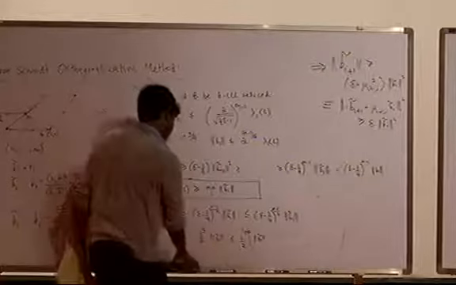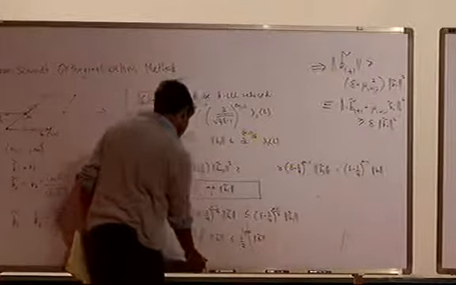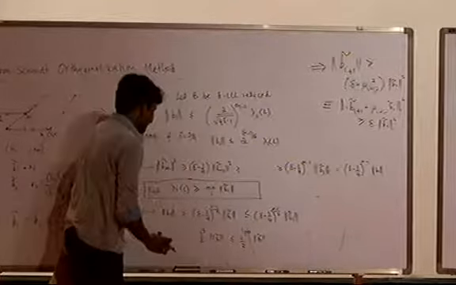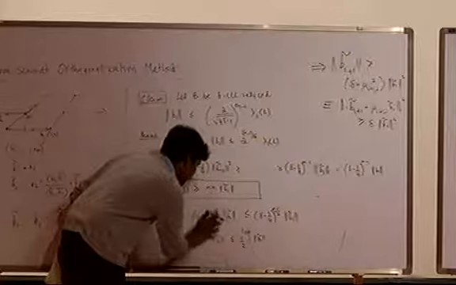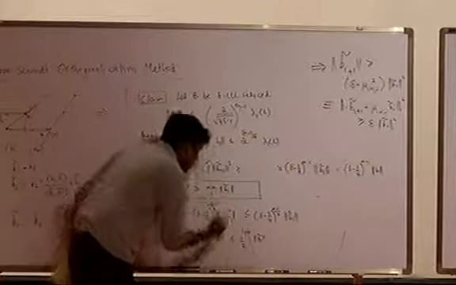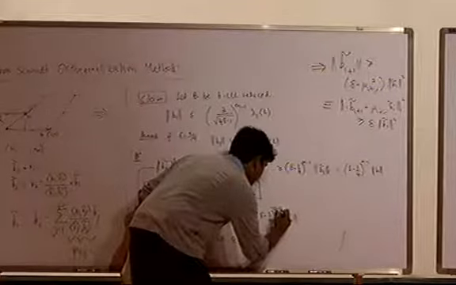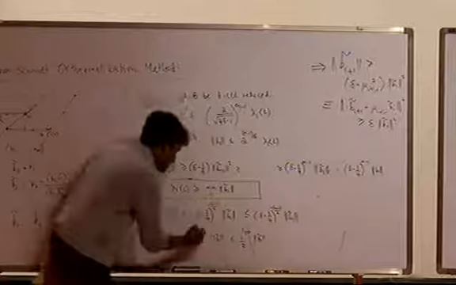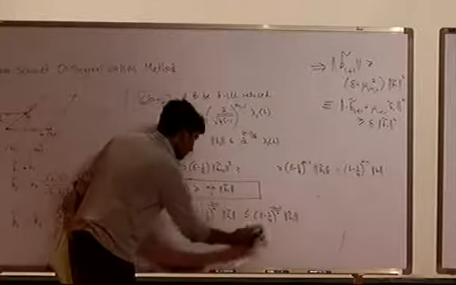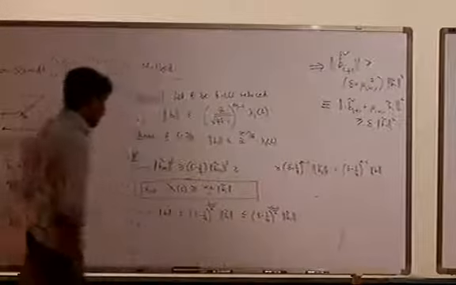Wait, something is wrong here. There's a minus missing in the exponent. Thank you. Minus (i−1)/2. Now this makes sense. Okay. Good.